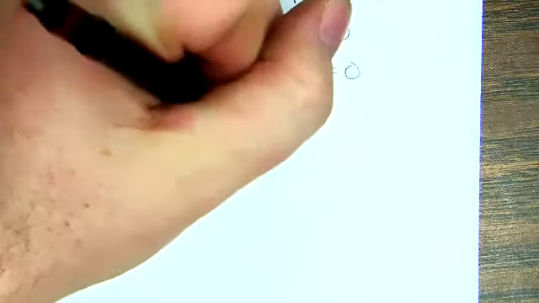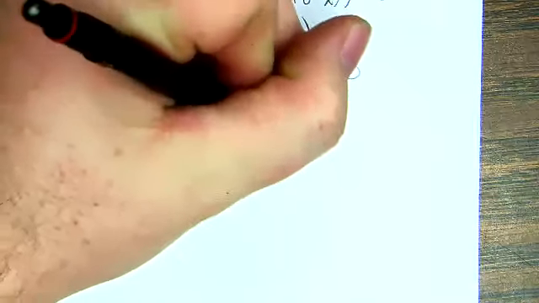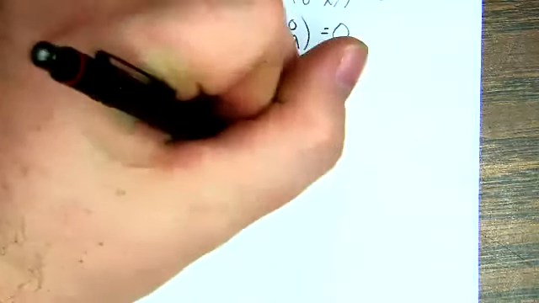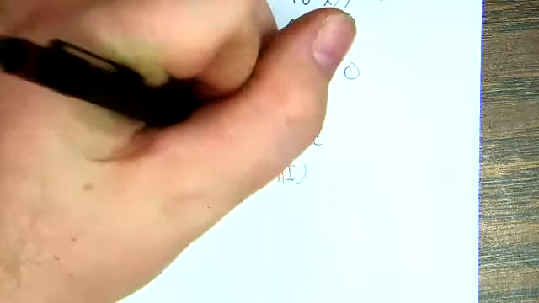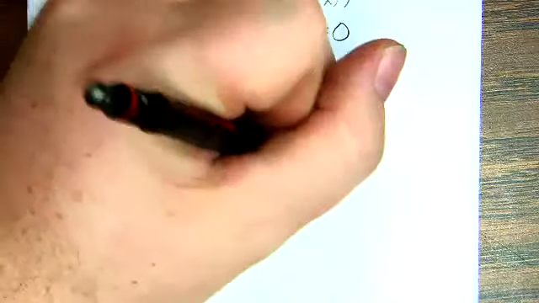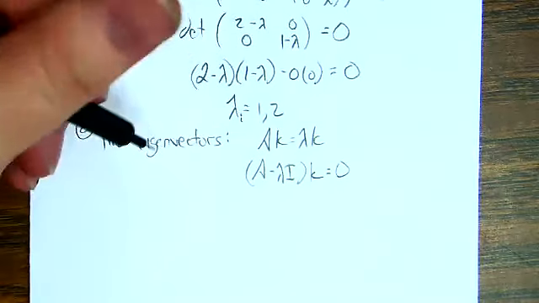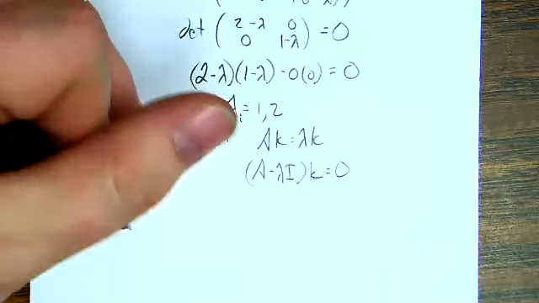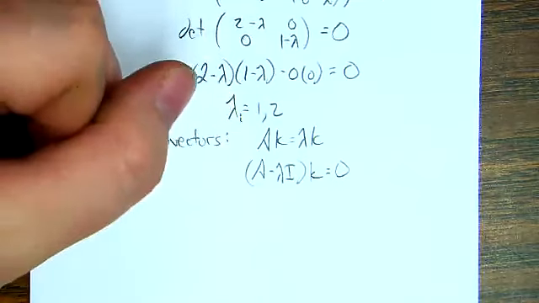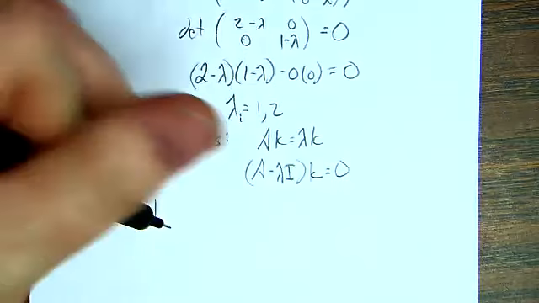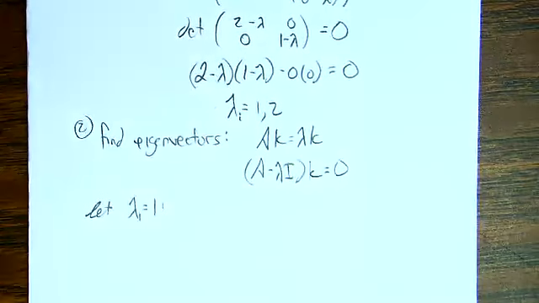Now the eigenvectors are the vectors K so that AK is equal to lambda K, or A minus lambda I times K equals 0. So let's say we'll do lambda 1 is 1 and then see what happens.